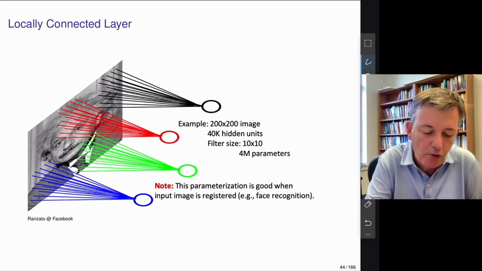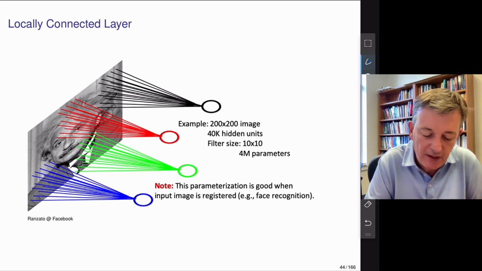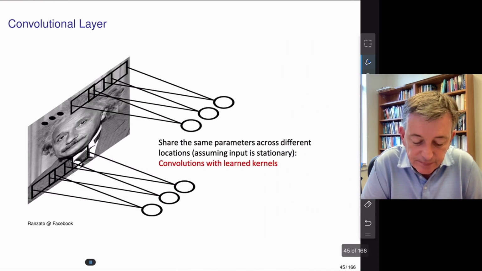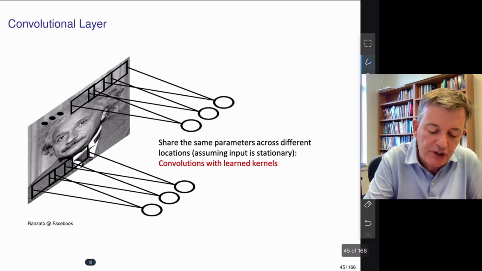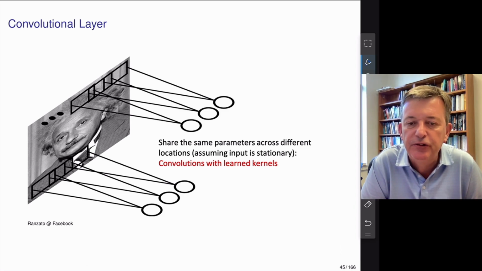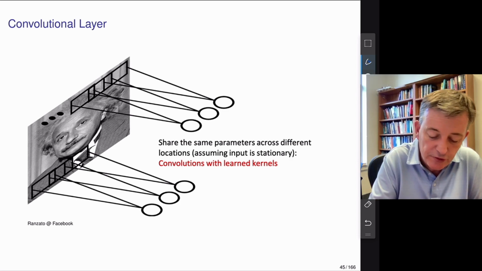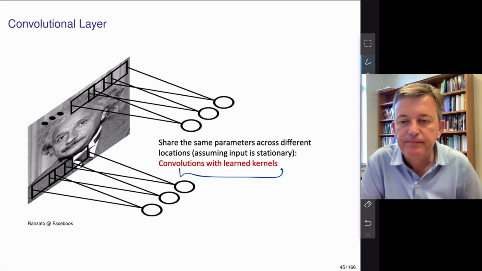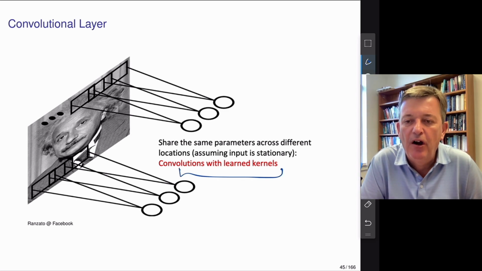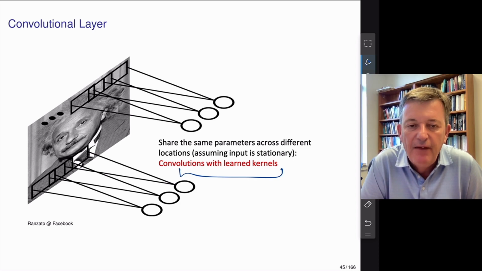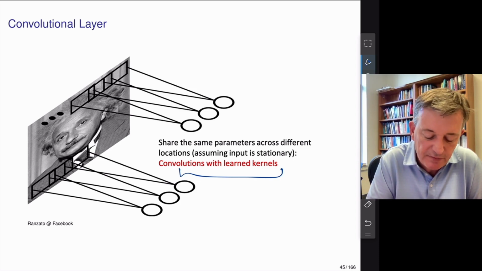I'd be able to locally pick out different little bits of the image, for example. And maybe I'd also share parameters across different locations too. So again, these are a little bit like kernel regression, convolutions with learned kernels. So it's a little bit of an art of not having a model that's too flexible because it's got too many parameters, but having a model that does a good job of picking up the different types of images.